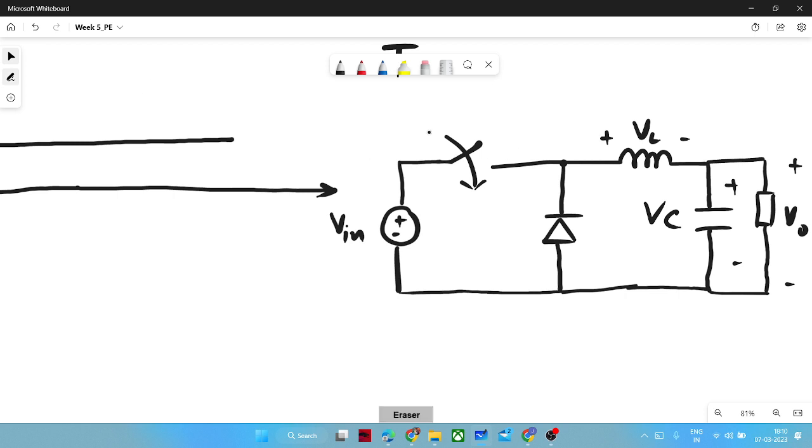Yeah, so if the switch is on, then whatever voltage you have applied at input, the same voltage will appear at this node, right? And if this voltage will be at this node when the switch is on, this diode will be off, right? Since this diode will see the positive voltage across its cathode terminal, so it will be turned off, and we can conveniently remove this.